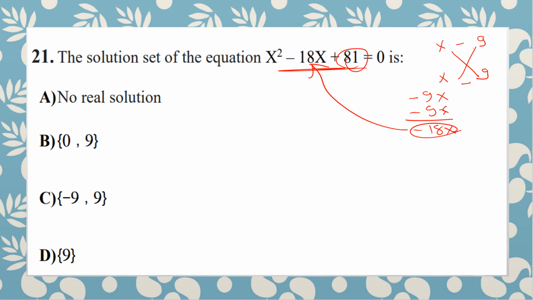So we can rewrite this equation as (x minus 9) times (x minus 9) equals 0. So x equals 9, and the correct answer is D.